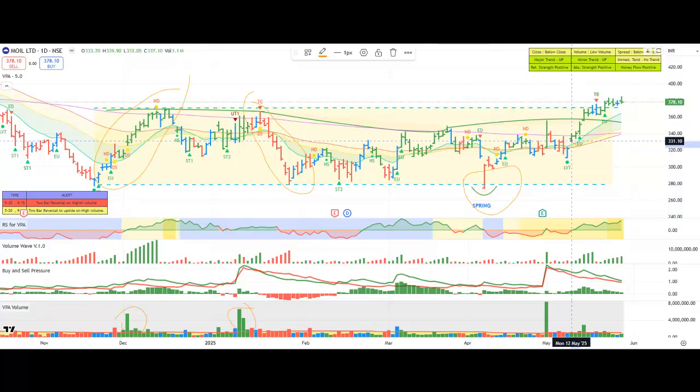And this is a typical low volume test. This is where the supply is tested here, and it is very clear that it is a successful low volume test, indicating that all supply has drained out.